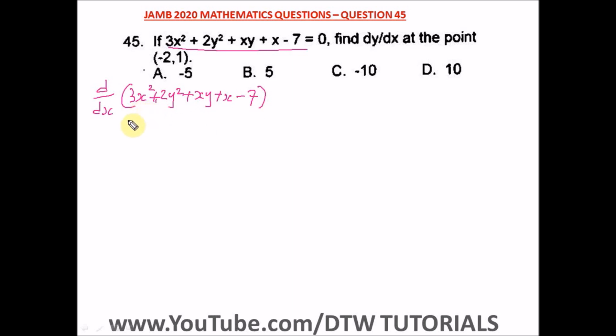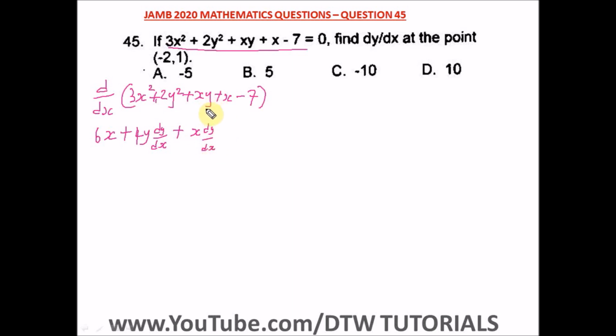So d/dx of 3x² is 6x, plus d/dx of 2y² is 4y dy/dx, plus we first find the derivative of xy. So we differentiate with respect to y, so we have x dy/dx.